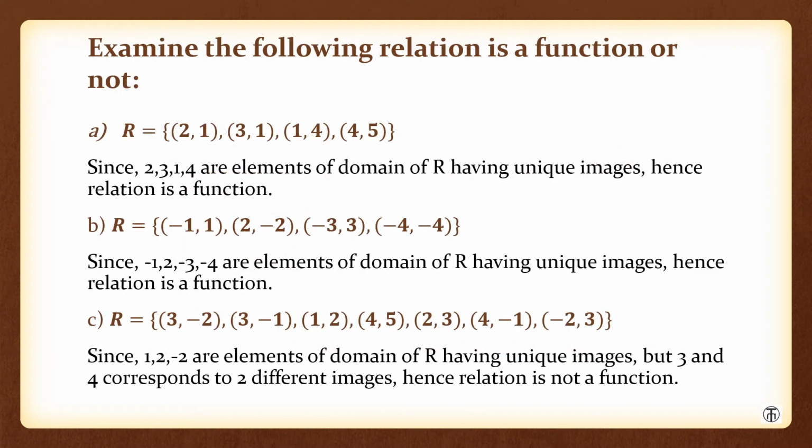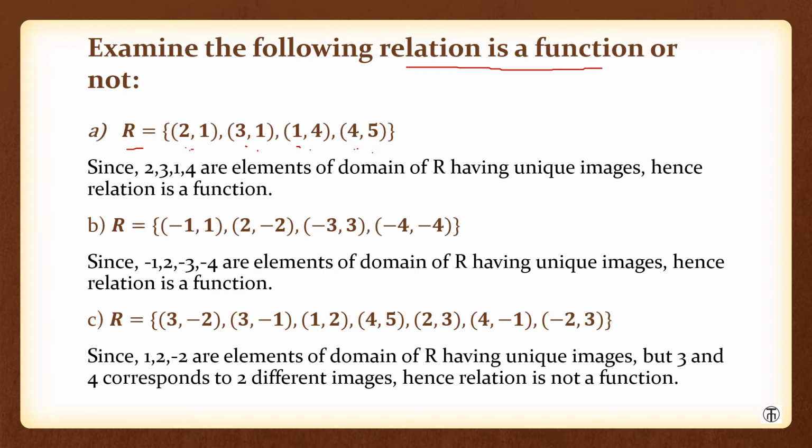So let us understand with the help of examples whether the relation is a function or not. This is very important to understand. The first relation is (2, 1), (3, 1), (1, 4), (4, 5). We can see here that 2, 3, 1, 4 are the domain, and each has a different unique image.